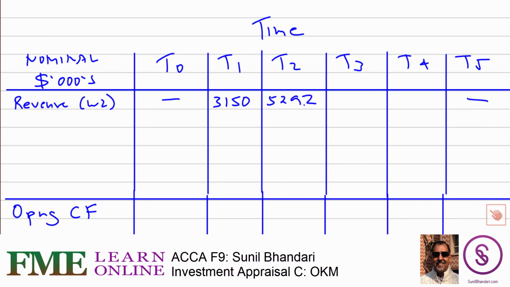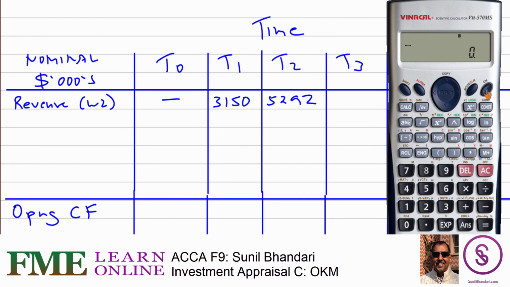The third one, clear it off. I'm taking a quantity of 500, multiplying it by a price of 12, timesing it by 1.05, raising it to the power of 3 years, equaling 6946.